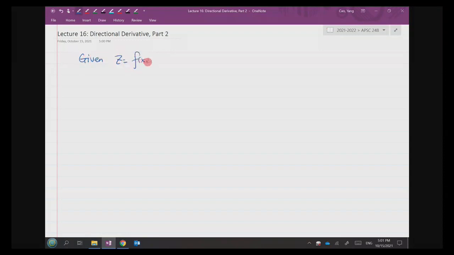We're using a function of two variables to illustrate the directional derivative idea, but it can certainly be expanded to functions of more than two variables. So consider a function of two variables f of x, y.